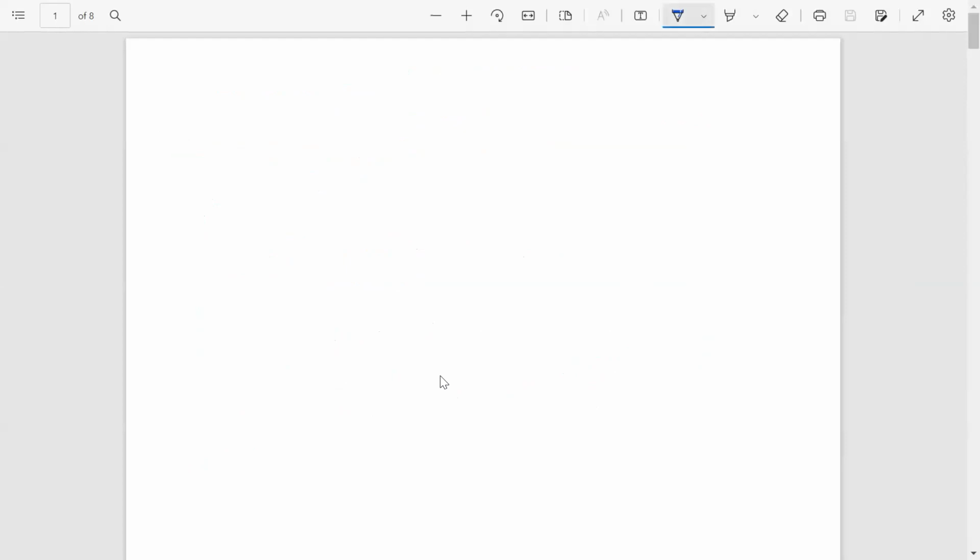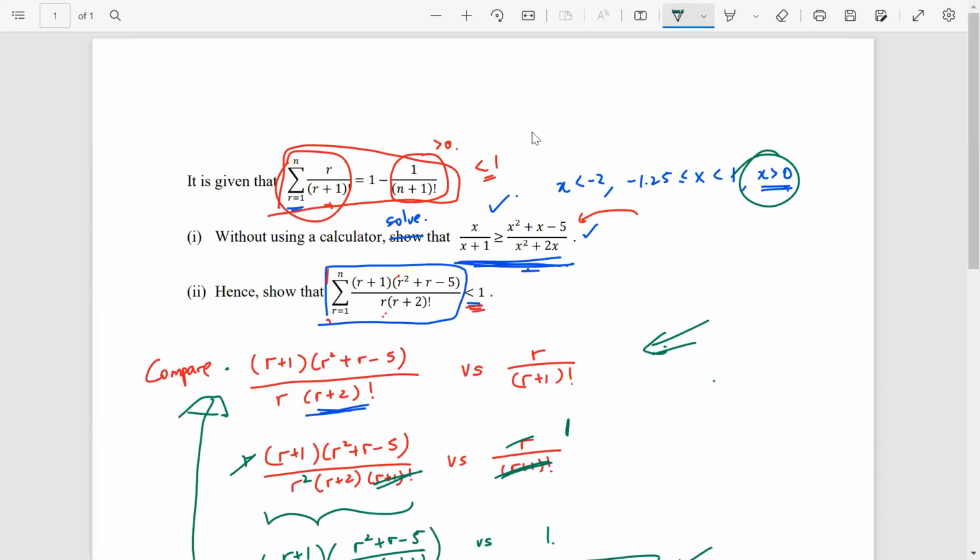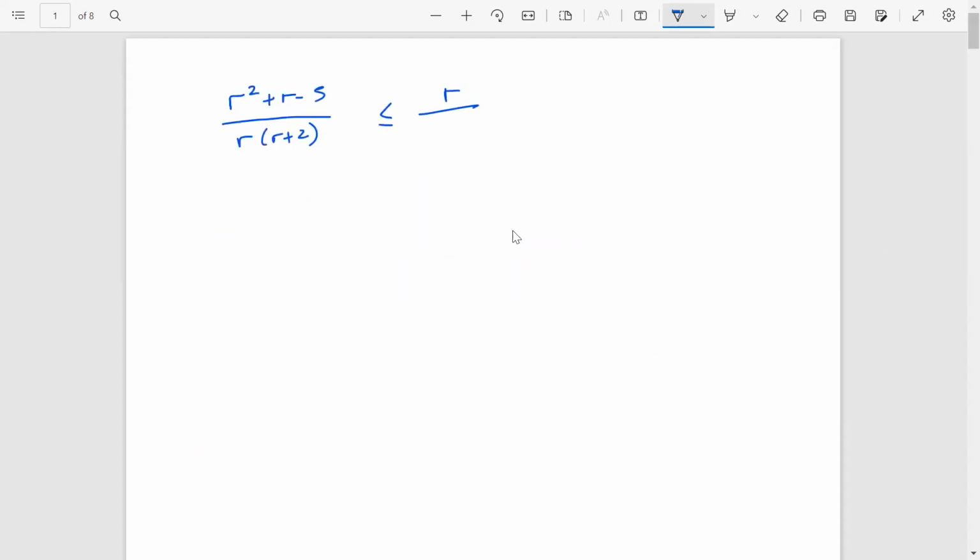So we know that at the start, r squared plus r minus 5 over r plus 2 is smaller or equals to r over r plus 1, because r is greater than or equal to 1, which is greater than 0. So we make use of part 1.